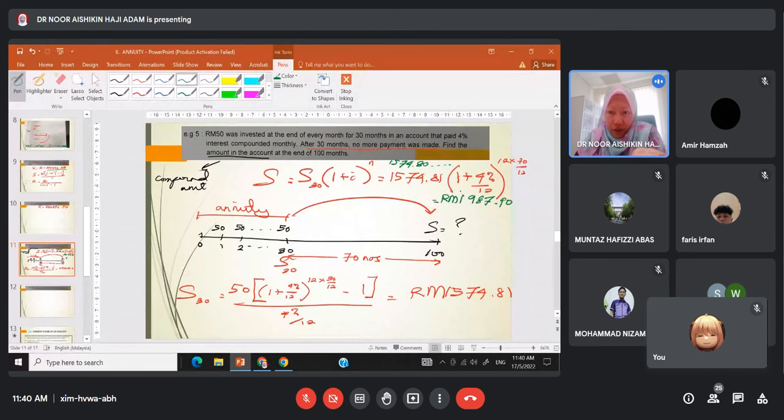Then you open times, open bracket 1 plus 0.04 divided by 12 close bracket, and then raise to the power of 70. And then only you hit equal. Then your answer will be neat like this.